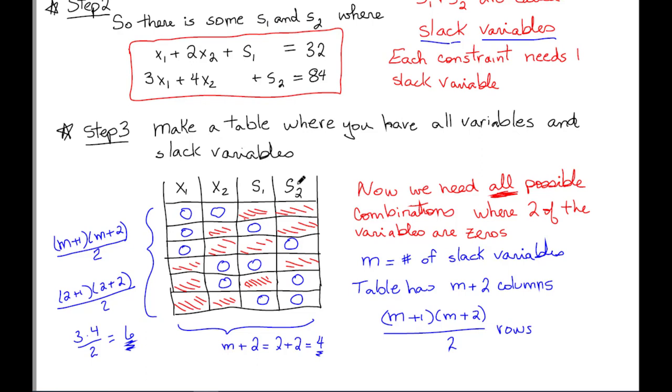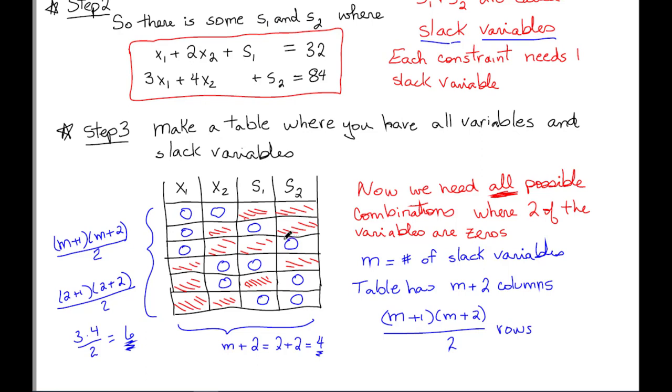At that time, how do you fill this table out? What I need to do is pick 2 variables at a time to be zeros. So here's x1 is 0, x2 is 0. Now if we do this systematically, what do I mean? Well, x1 and then x2, x1, s1, x1, s2.